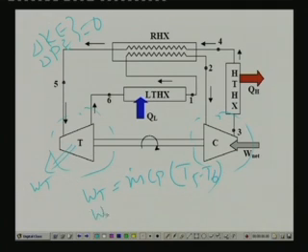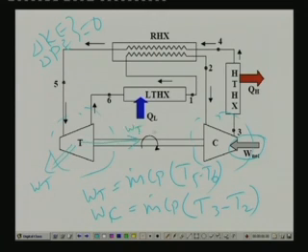Similarly, work input to the compressor Wc is equal to m dot Cp into T3 minus T2. So m dot Cp is the same. So the net work input is nothing but the work input to the compressor minus work output from the turbine. You can see that the turbine is supplying its useful work output to the compressor. So net work input is the difference between these two.